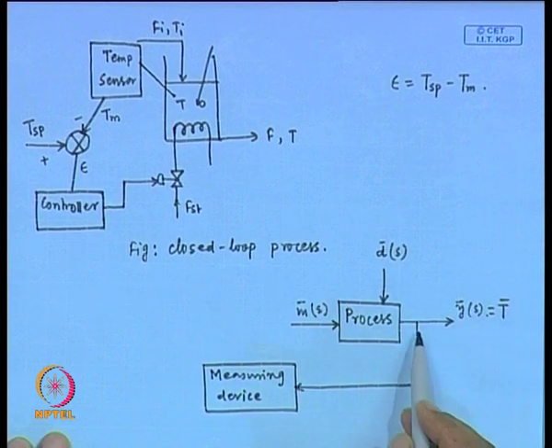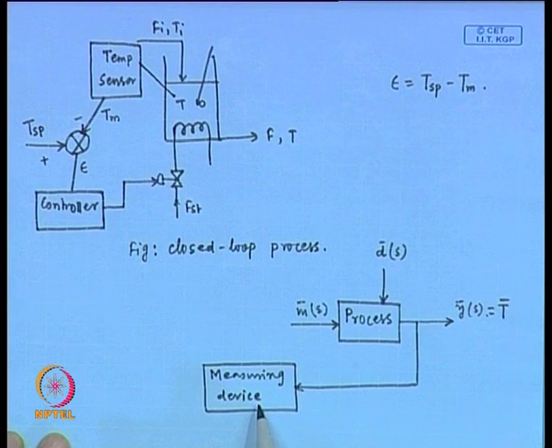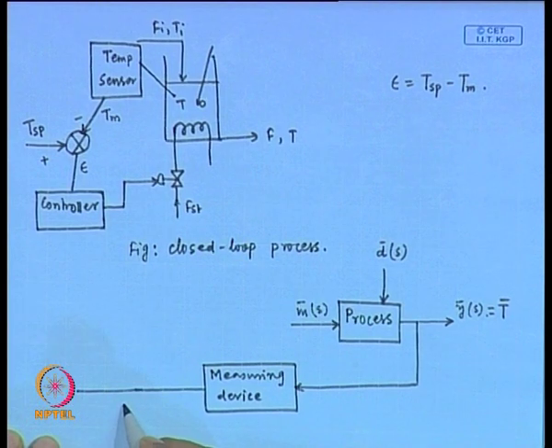What is the output of this measuring device? Output is Y suffix M, that is nothing but measured temperature Tm.